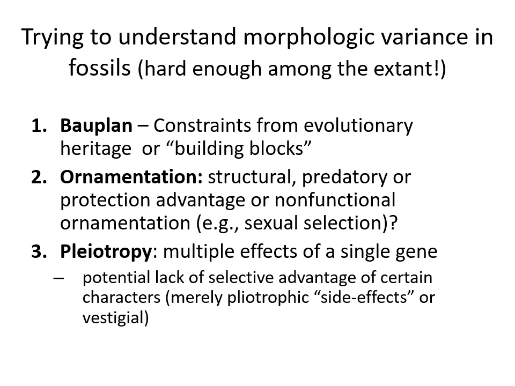So there's a potential lack of a selective advantage of certain characteristics, side effects, or vestigial. Vestigial organs would be things like your appendix. It doesn't really do much, but you still have it because it doesn't get in the way of anything unless it gets inflamed. It usually doesn't get in the way, so there's really nothing to select it out. Another example would be whales.